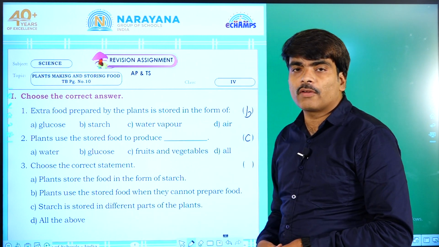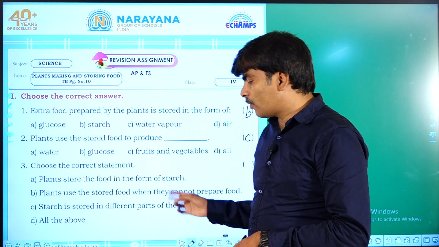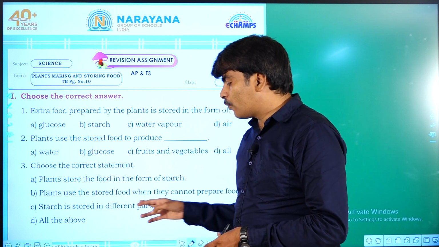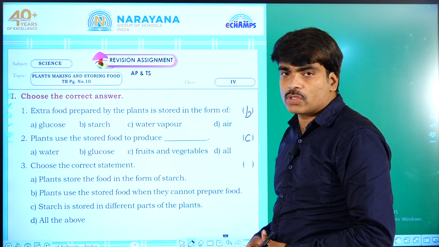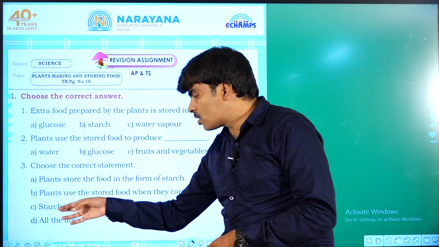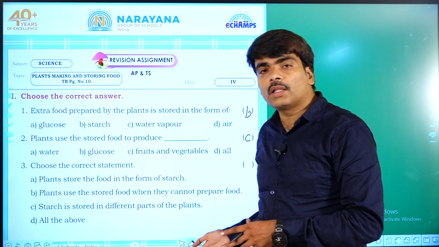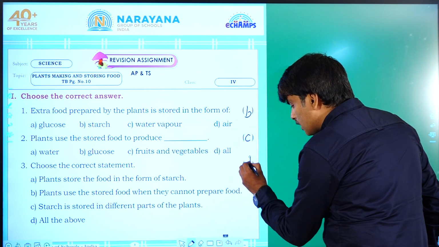When the plant is preparing food, it is stored in the form of starch. That is true. And the stored food is used by the plants when photosynthesis is not done by the plant. And the starch is stored in different parts of the plant. All three are correct. So our answer is option D.